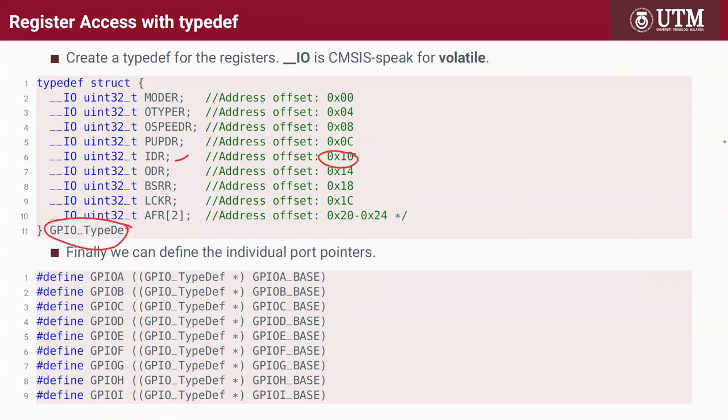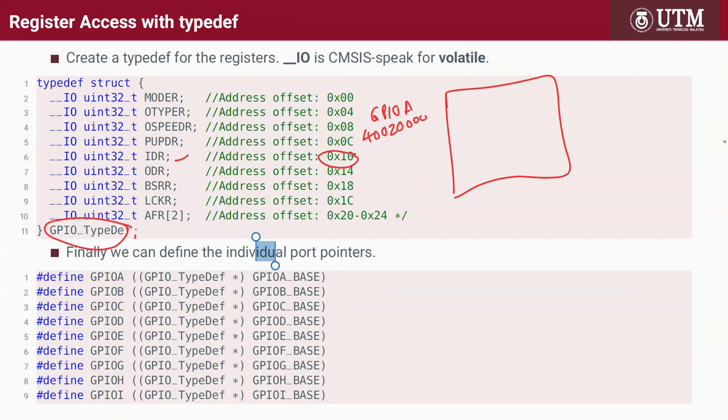Right, I typo here, so record there. Alright, so this is the typedef for the block. So let's say I have GPIOA. The first address will be 420. I have to count.